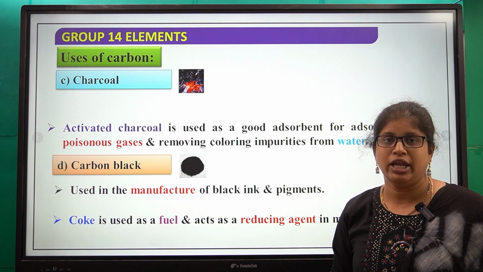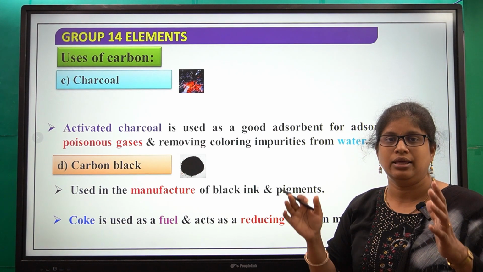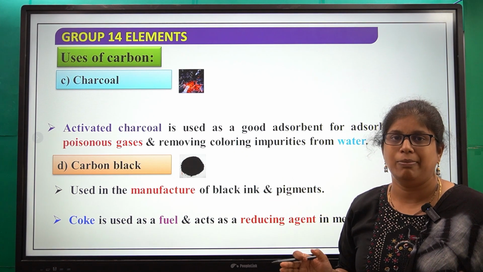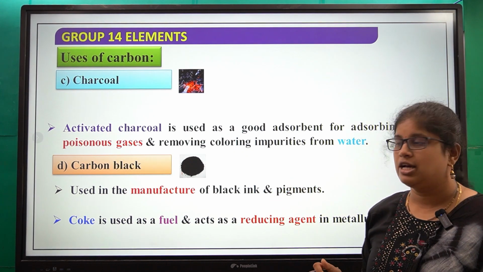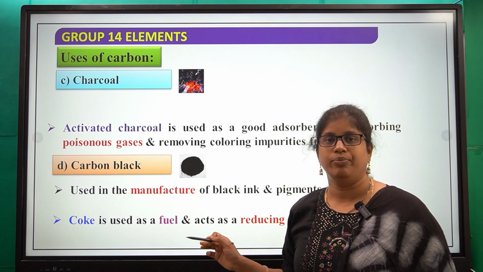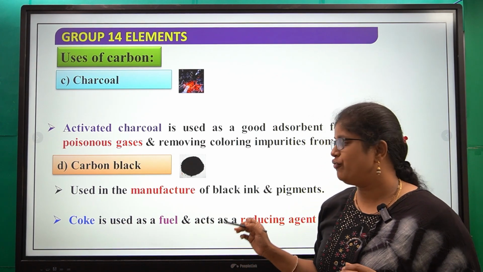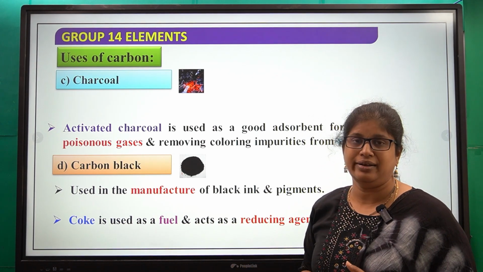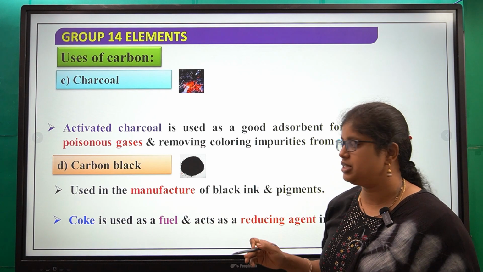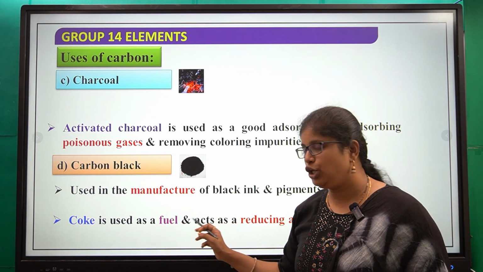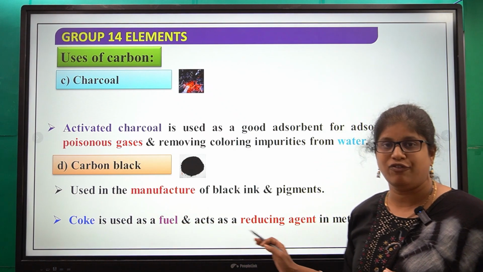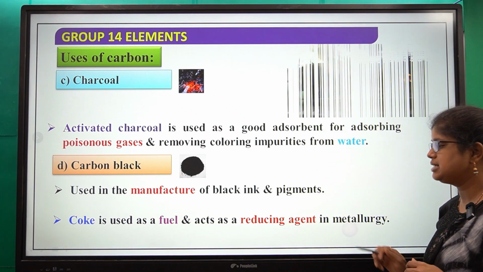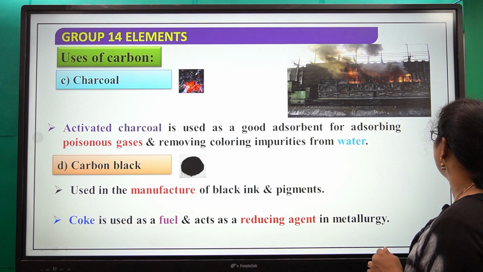Generally, in refining processes, we are using big furnaces like the blast furnace and reverberatory furnace, right? In those furnaces, we are using coke as a fuel. When we burn this fuel, it releases a high amount of heat energy. So coke is used as a fuel and acts as a reducing agent in metallurgy.